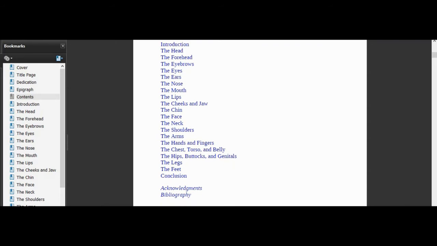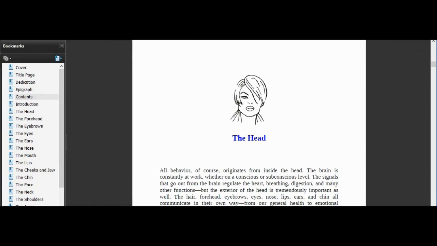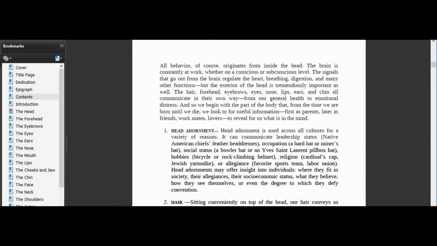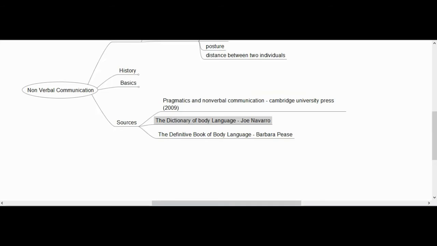So this book isn't going to help that much with regards to connection. It's only going to tell you which signal means what. This is Joe Navarro. This person is a former FBI agent. You can check out his other books too.